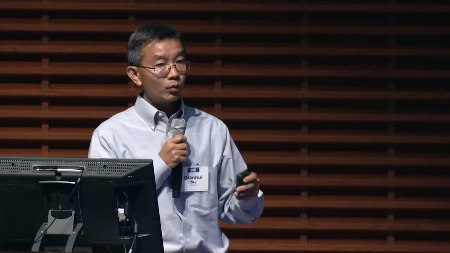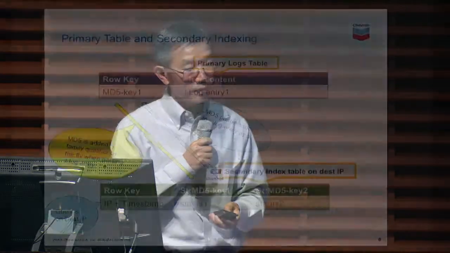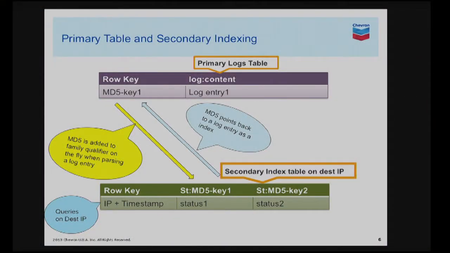Because in HBase tables, all the row keys are indexed, if you have a set of row keys that has the same prefix, you will go to the specific region and fetch it out, and that's how real time happens.